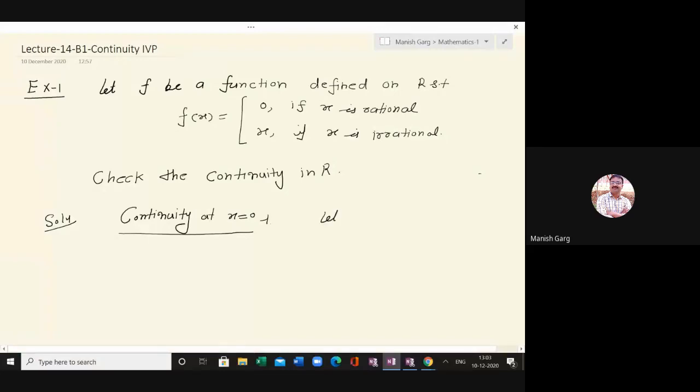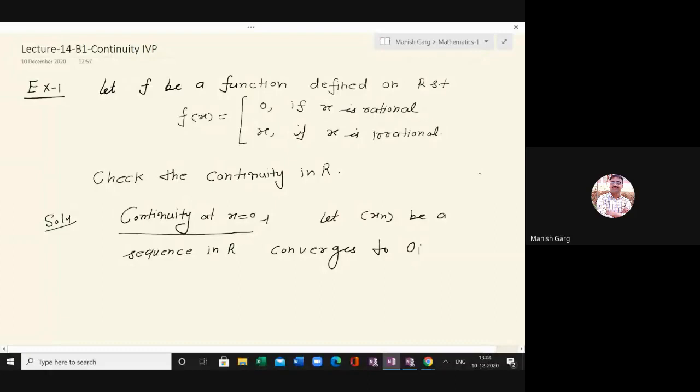So let xn be a sequence of real numbers in R, because we are studying real sequences, converging to 0.